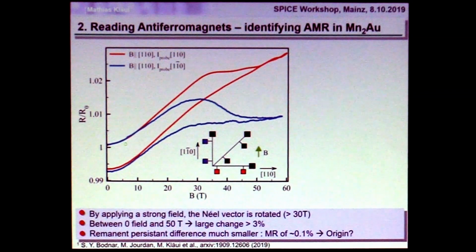So these traces here are not only measured at different fields, but they're also measured with millisecond or sub-millisecond time resolution. And then what we see is that there is actually a relatively large change of the resistance as you go to 30 Tesla, and then you have the spin flop transition, and then you go back and you actually change the resistance overall by something like 3%, but then at the end it only turns out that you have a very small resistance change that is residual.